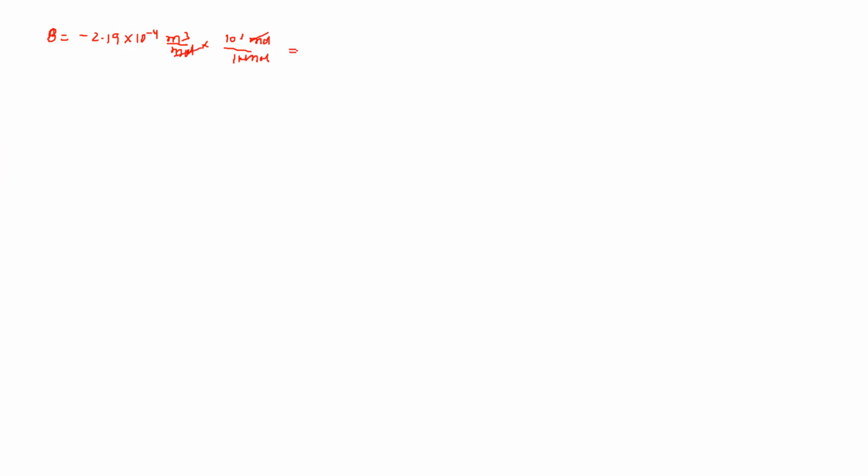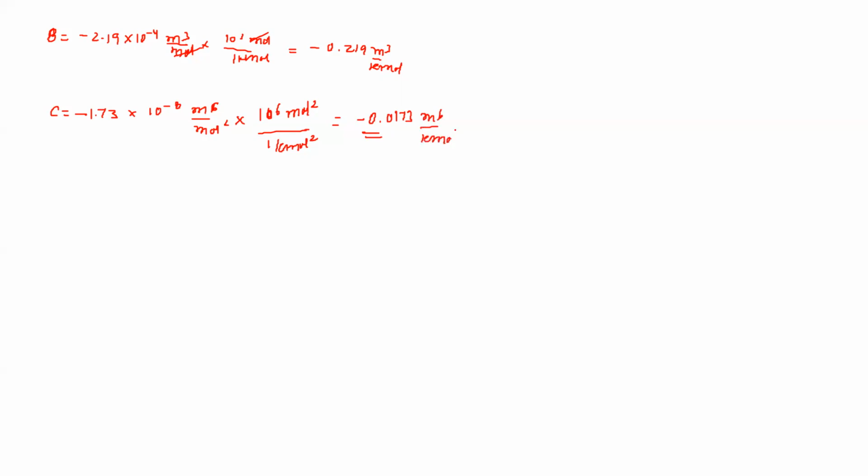This becomes minus 0.219 meter cube per kilomole. Similarly, C is minus 1.73 into 10 to the power minus 8 meter to the power 6 per mole square. I need to convert this into meter to the power 6 per kilomole square. 10 to the power 6 mole squares is equal to 1 kilomole square, so we get minus 0.0173 meter to the power 6 per kilomole square.